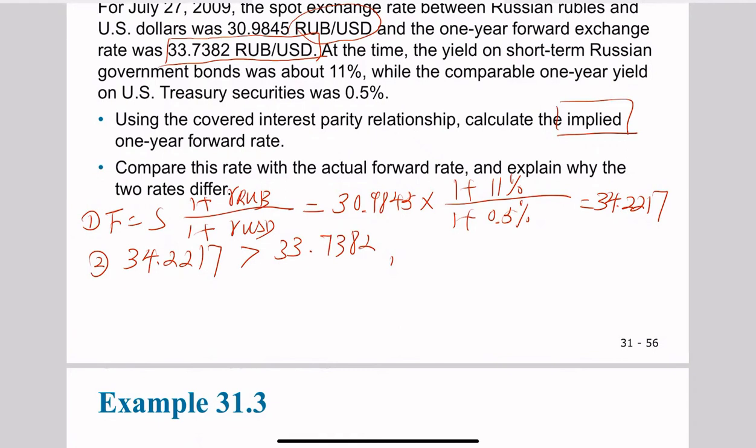Well, it's because this 11% interest rate contains the compensation for default risk, which means this 11% should be larger than the risk-free rate in Russia, right?